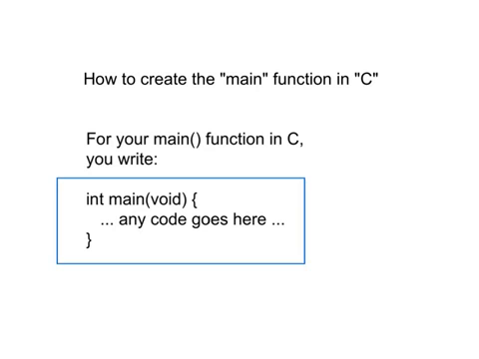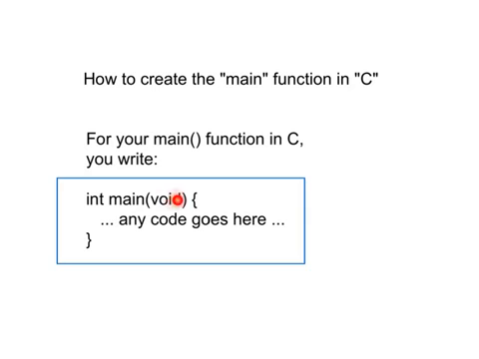In other words, when this program finishes, it is going to return a number to the operating system that called the program. So, in this case, the main function will return a number as an indicator of whether or not it was successful.